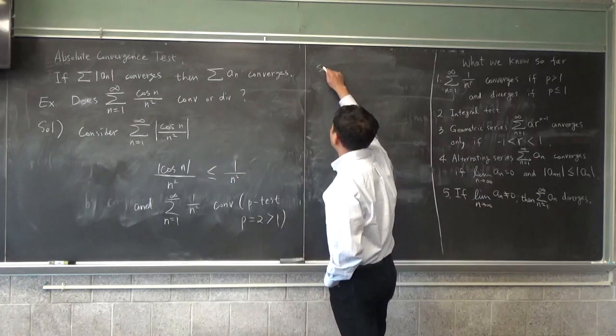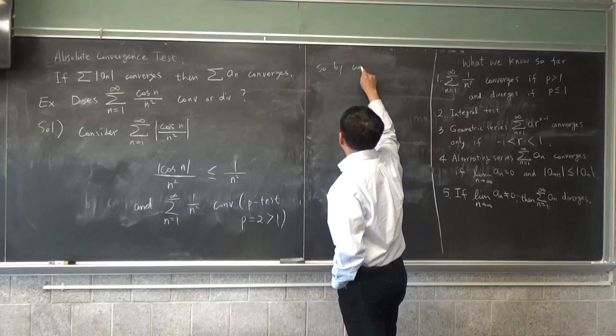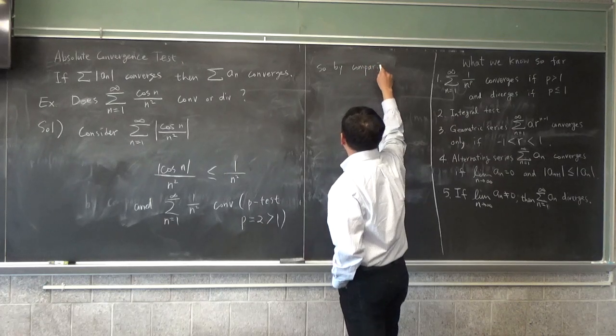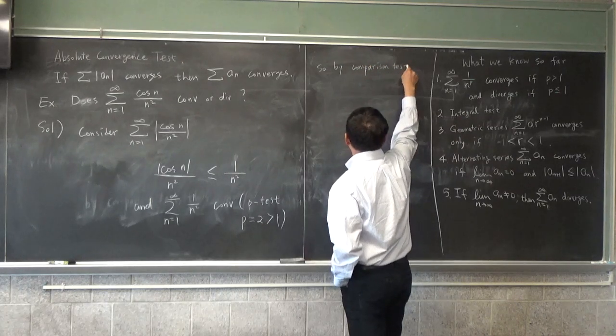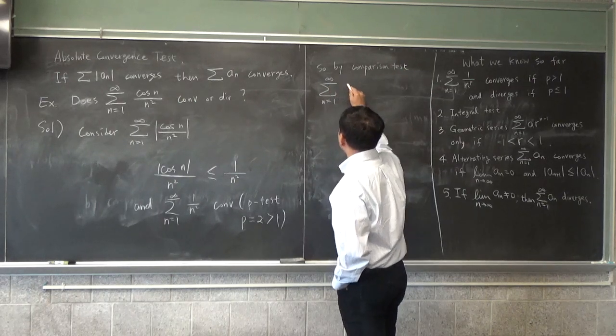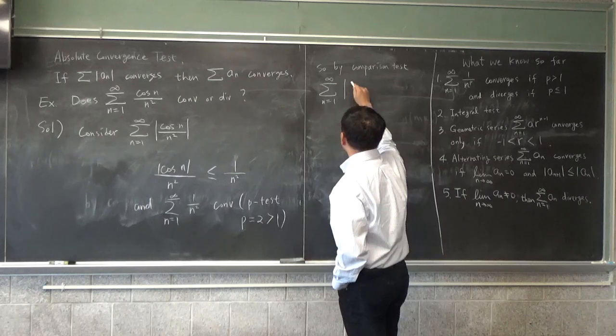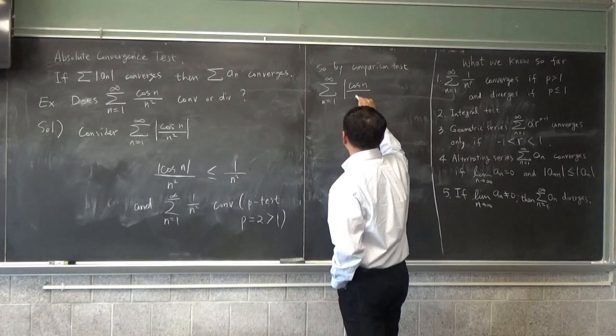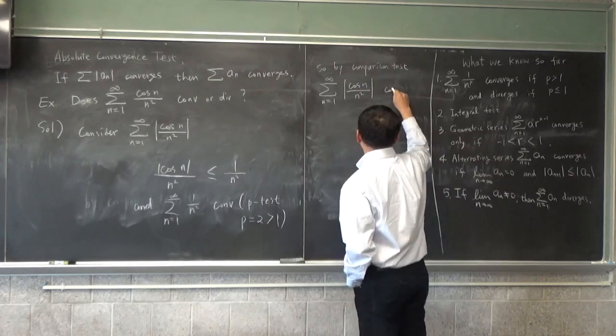So by the comparison test, the summation n from 1 through infinity of the absolute value of cosine n over n squared converges.